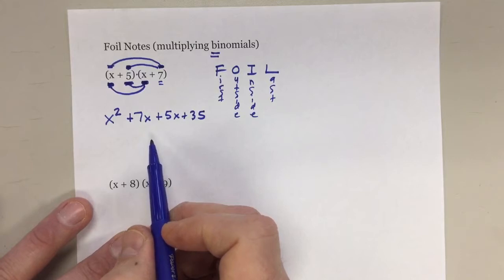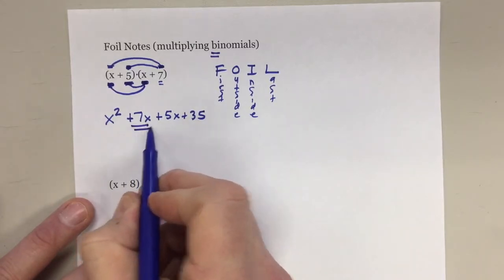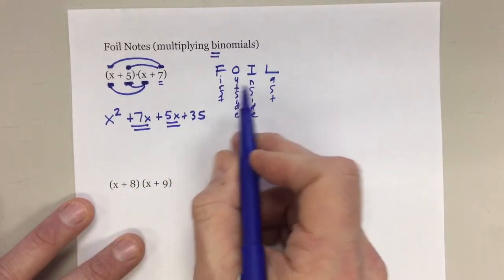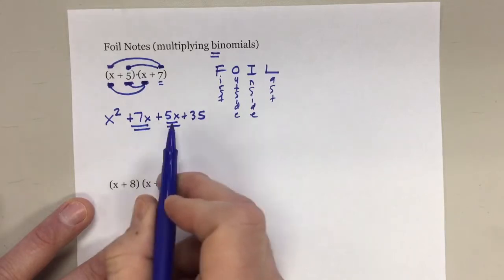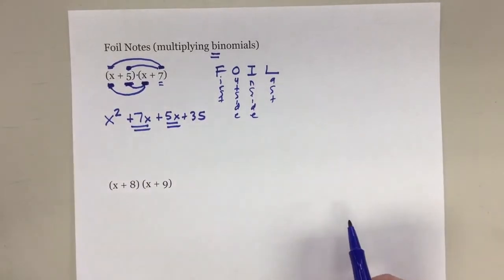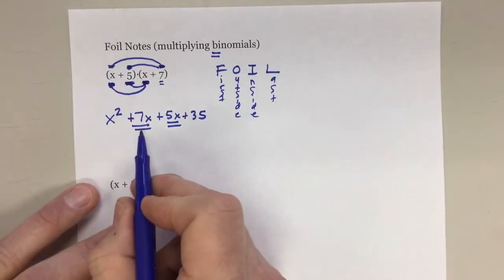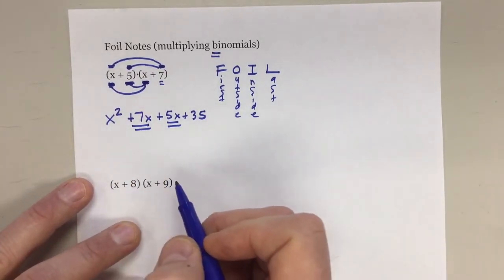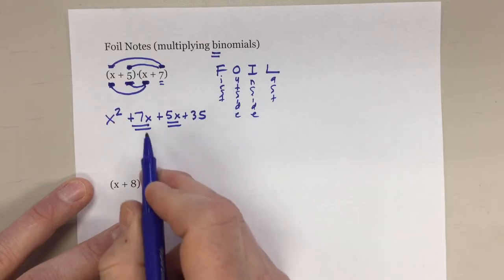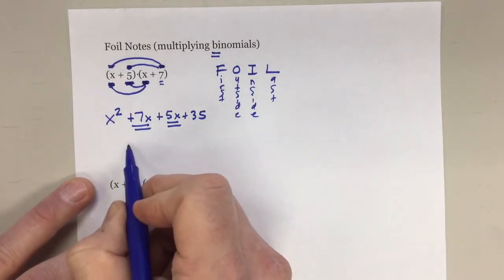Frequently, when we're multiplying binomials together, the O and the I terms, the outside and the inside terms, or the middle two terms here, will end up being like terms, meaning I can add them together. And 7x and 5x are like terms because they both have an x. So 7x plus 5x would be 12x.